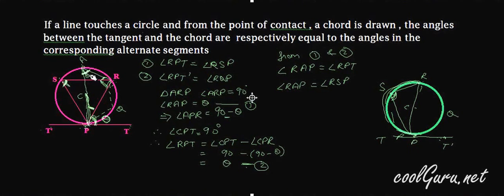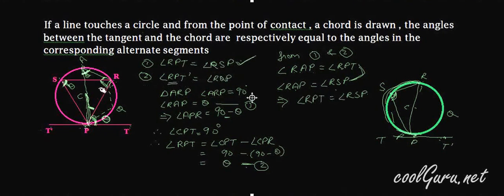So these two are equal. So if this is theta, this angle is also theta. So from these two, we conclude that RAP is equal to RPT and RAP is also equal to angle RSP. So this implies angle RPT is equal to angle RSP. Thus this first part is proved. RPT is equal to RSP.